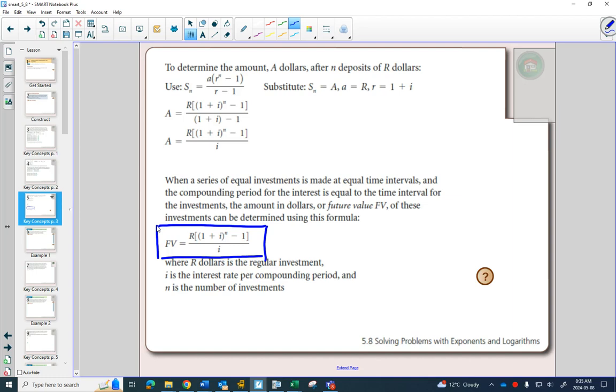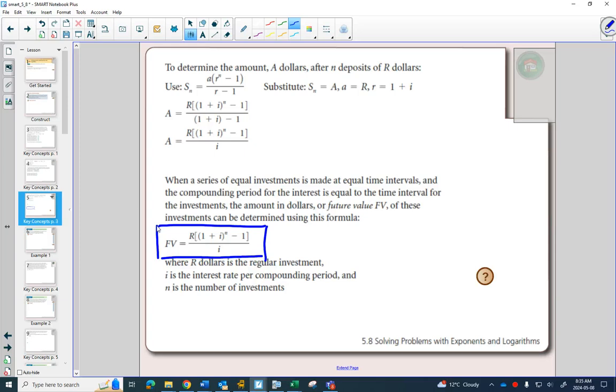Some of you have a job, you're making money every month, and of the money that you make every month, you decide, I'd like to put $100 or $200 away into an investment every month and see how much my money grows. This formula will find the future value of that investment.